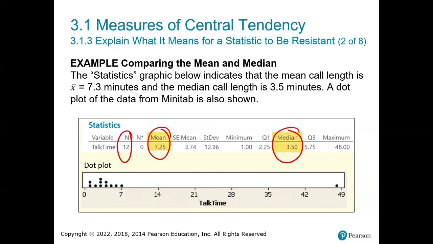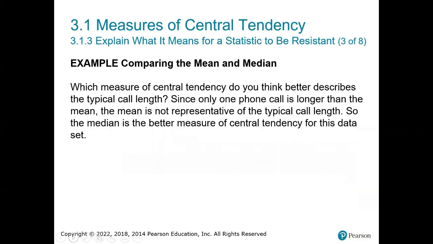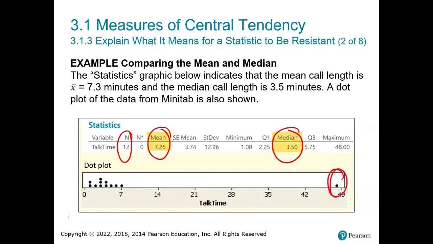So the question becomes, which one's better to represent our typical call length? So here's the thing. We have this one value really far out here. And when I calculate the mean, this value is accounted for.